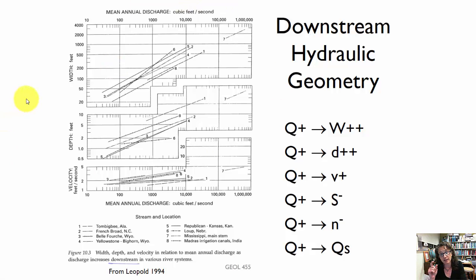So that means that the discharge correlates as proportional to the square root of the width. And that's a pretty consistent relationship in a lot of rivers. And then here's our depth relationship, and the velocity one's a little flatter, not as big of a change in velocity as we go downstream, and not quite as consistent.